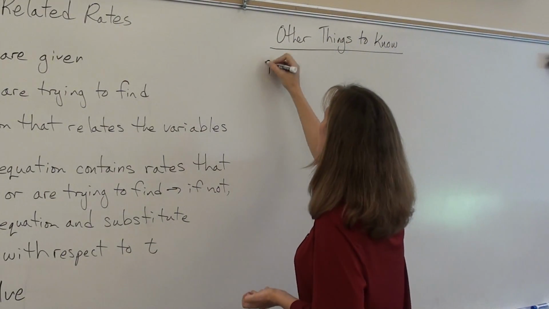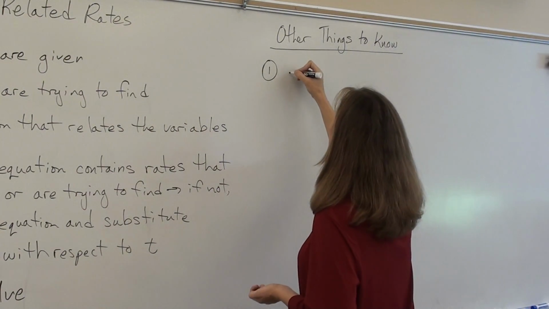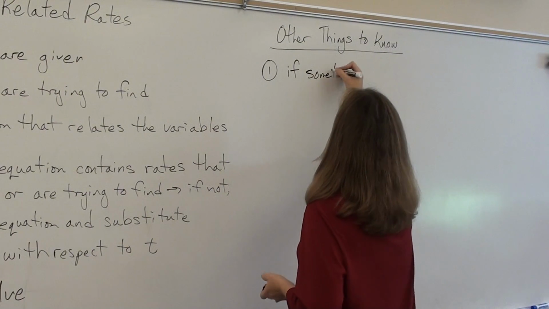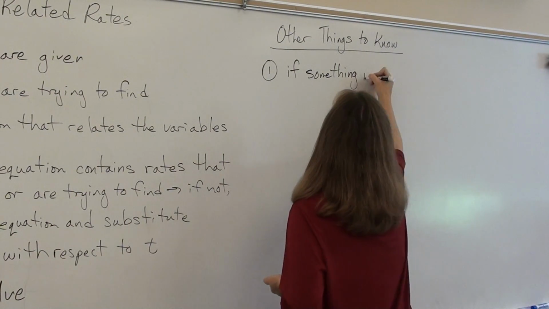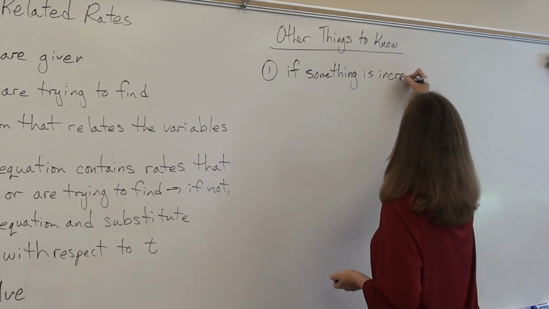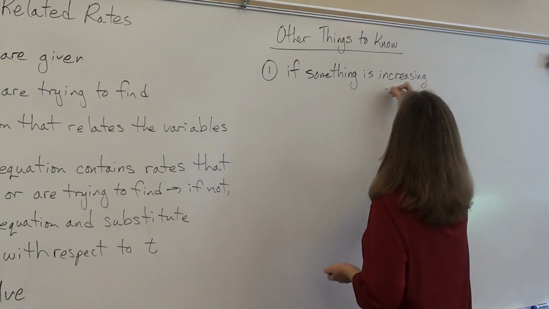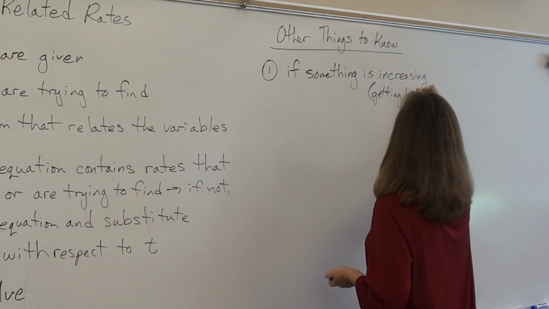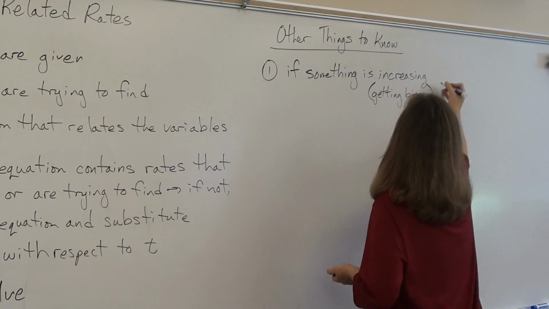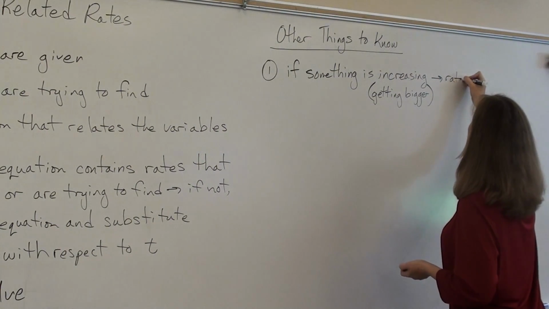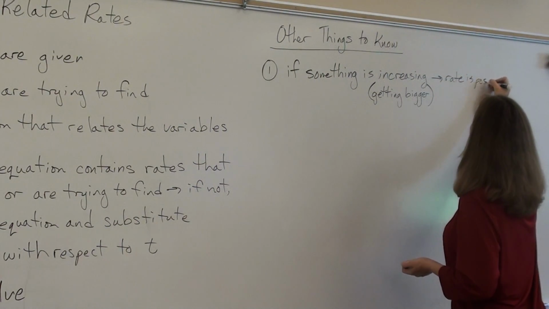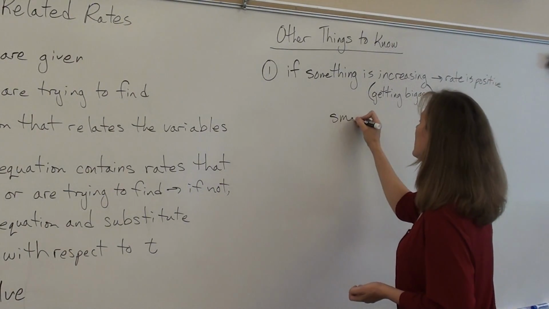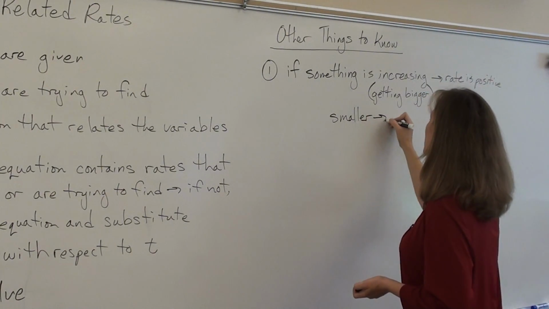So number one thing that you need to know: if something is increasing, or in other words, getting bigger, its rate is positive. If it's getting smaller, then the rate is negative.